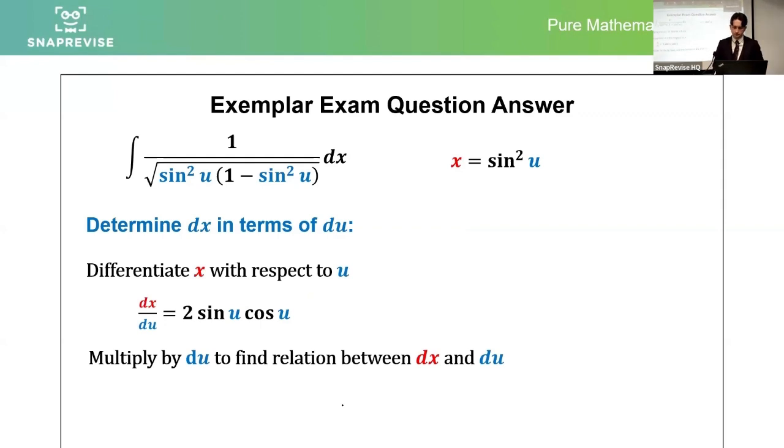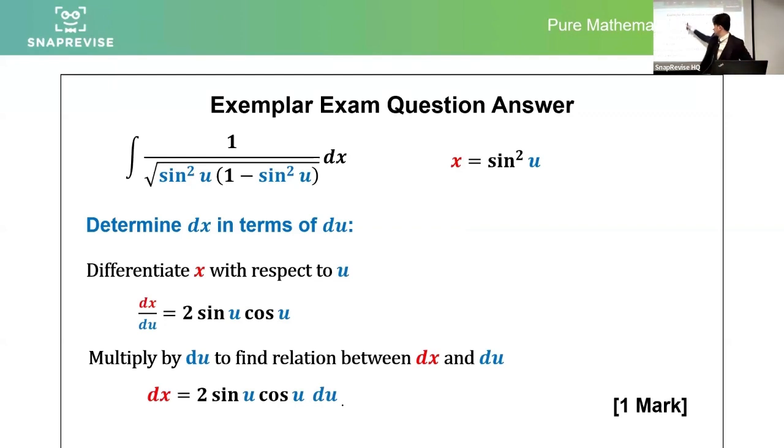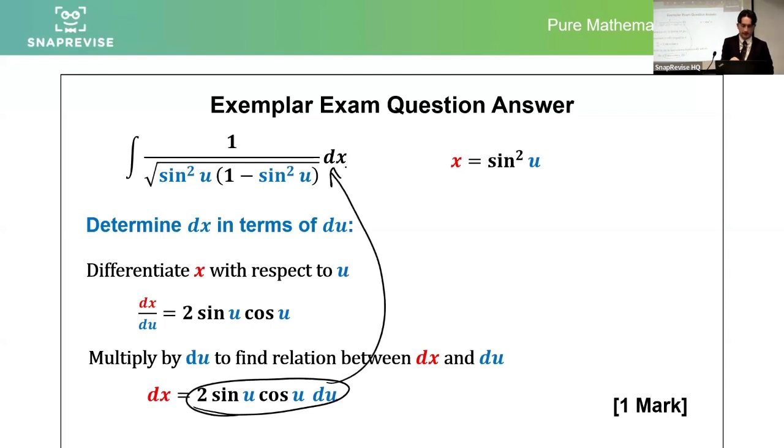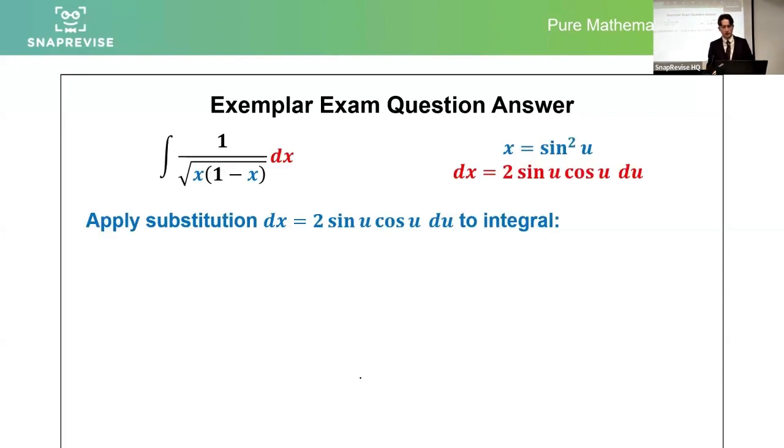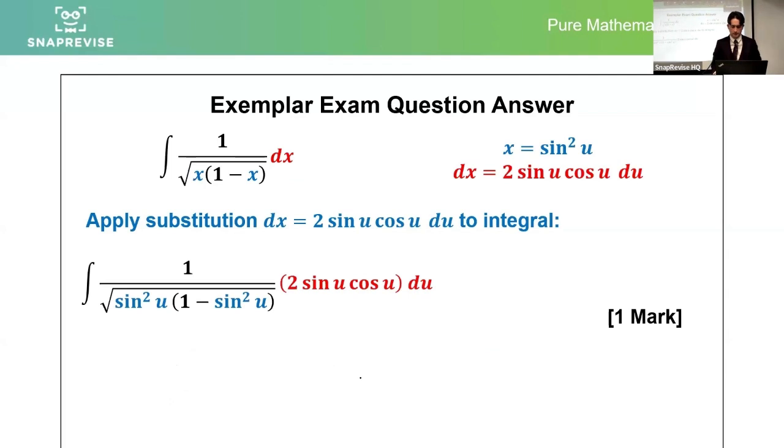And then I would probably times up by du so that I now have something that I can use to replace dx. I can replace it with all of that. Okay, so all of this can replace dx.